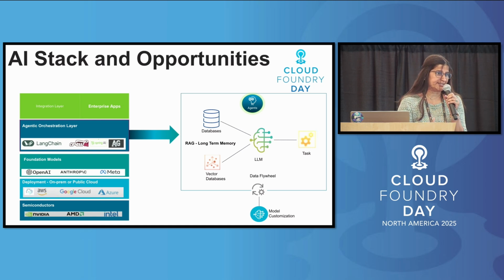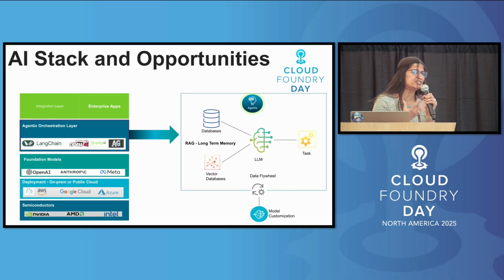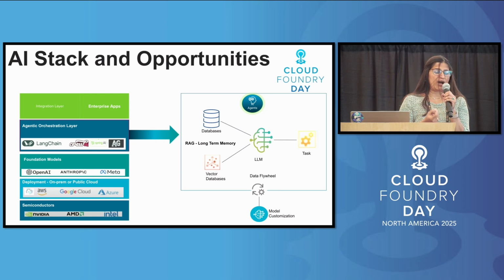There are biases, there are hallucinations in the model output, and there are country-specific models. That scenario is evolving as well. For example, Mistral is a European model. Also, DeepSeek is a Chinese model. So there is a country-specific part to foundation models as well.